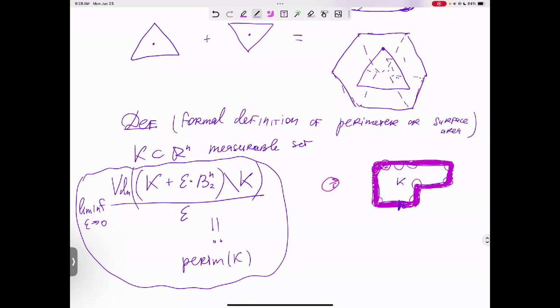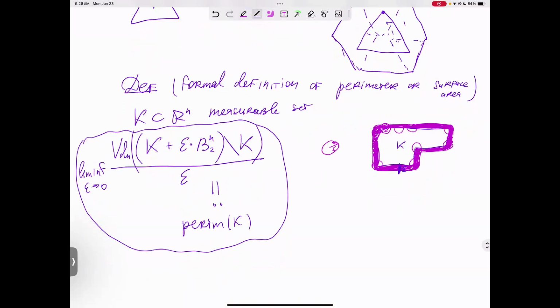Are there any questions about this formal definition? So do we take lim inf here because in general the limit doesn't exist? Yeah, so for very, very bad sets, you're absolutely right. For very bad sets, hypothetically, the limit might not exist.